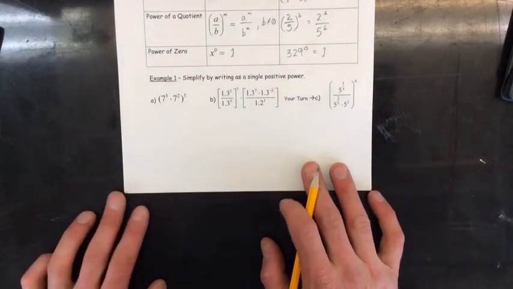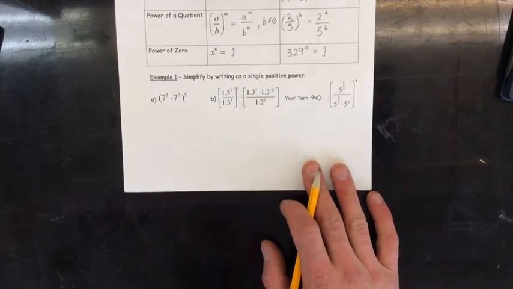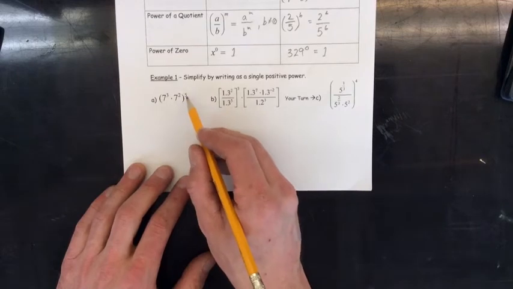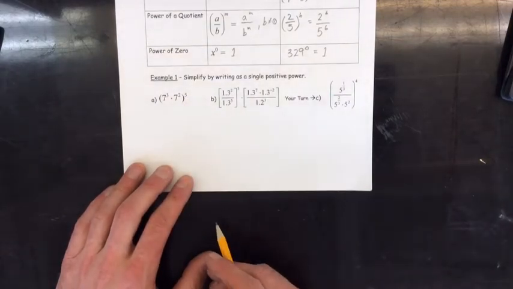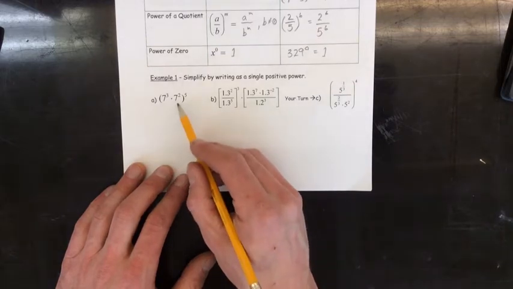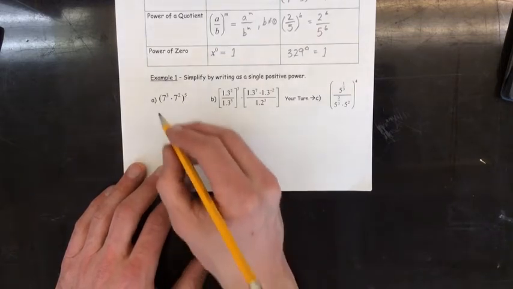Okay, let's try a few examples. Example 1. We have 7 cubed times 7 squared, all to the power of 5. So there's two laws we need to use. The product of powers first, and then the power of a power next.